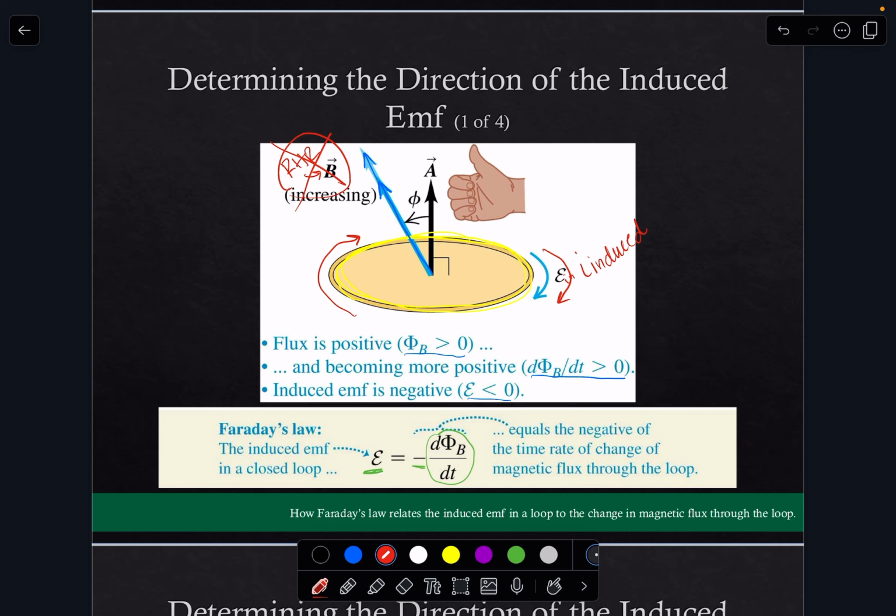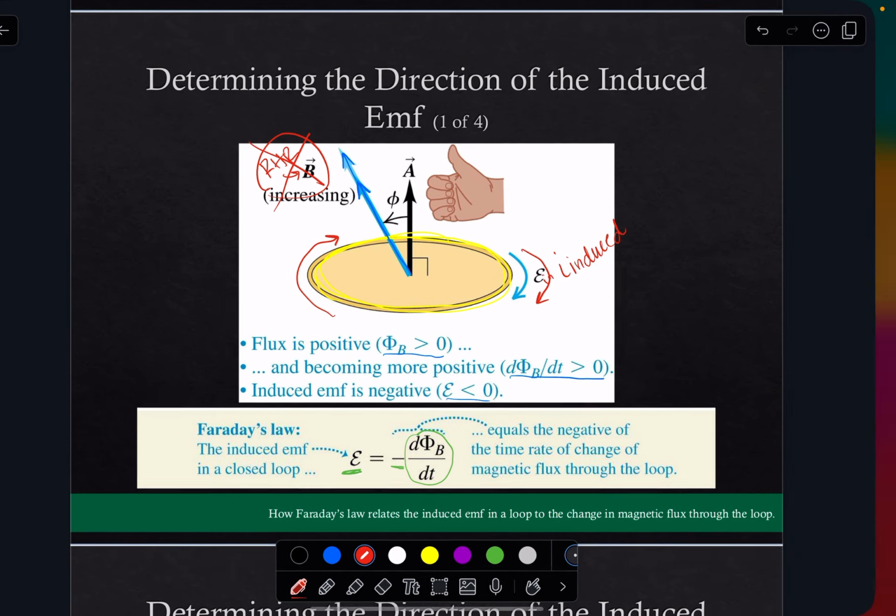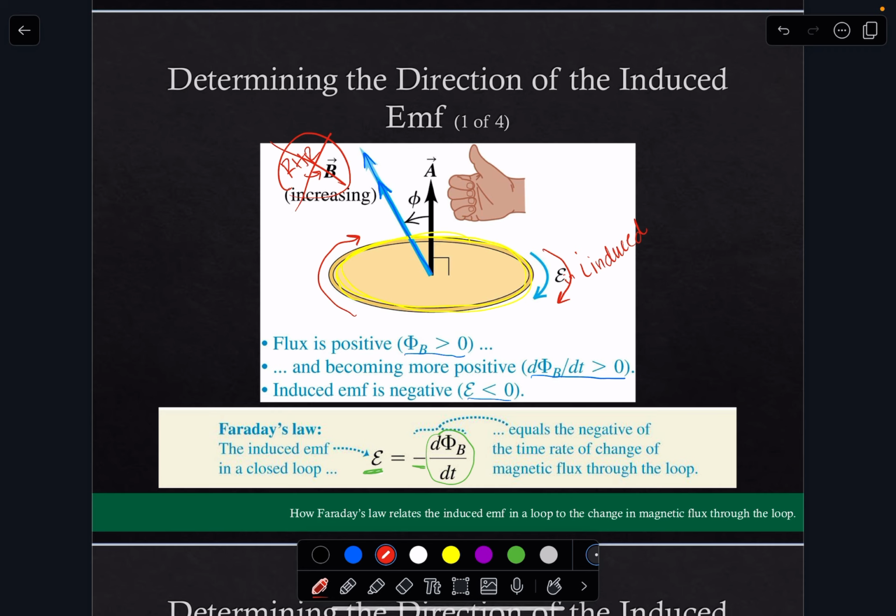So what is this induced magnetic field? Well, the induced magnetic field is going to be the magnetic field that's created to oppose the change in flux, okay? So if the flux is increasing out of the loop, the induced magnetic field that we need to oppose this increase is to add a field in the opposite direction, right?